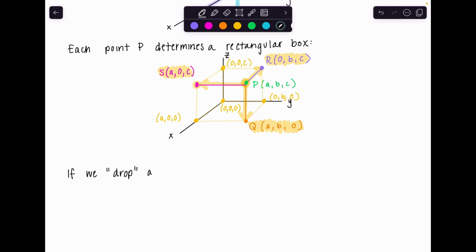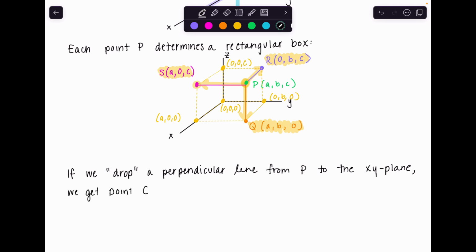So here, if we drop a perpendicular line from P to the XY plane, we get this point Q with coordinates A, B, 0.